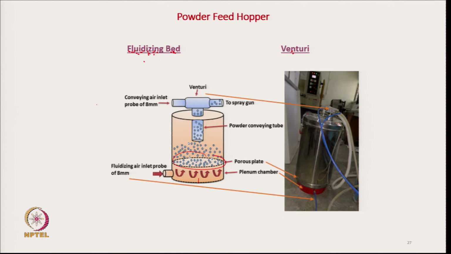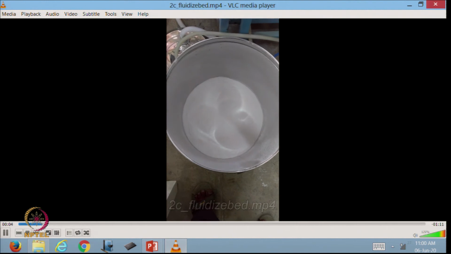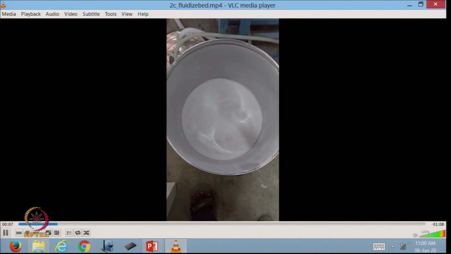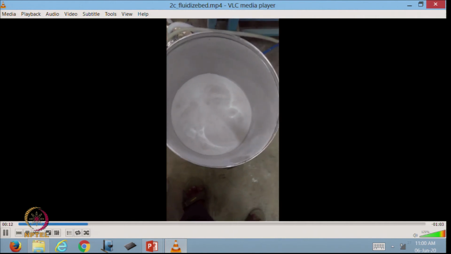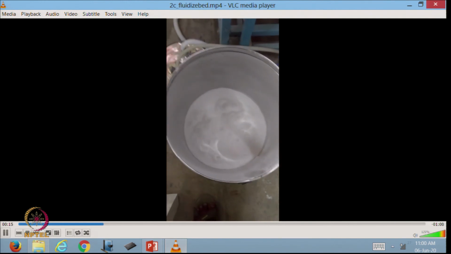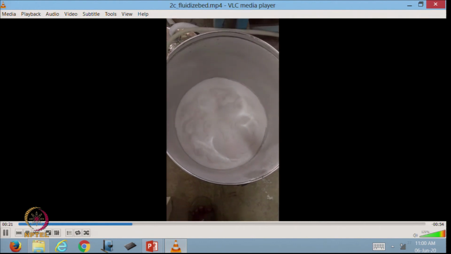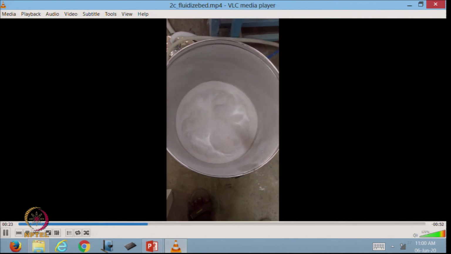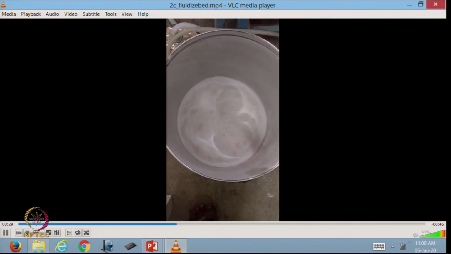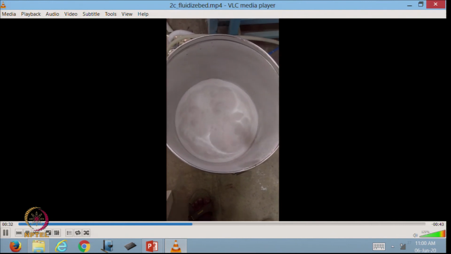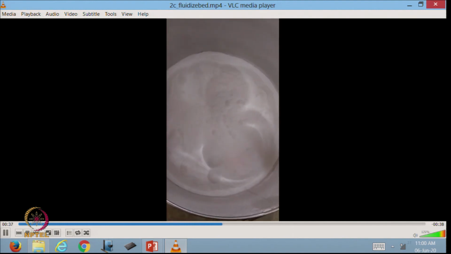So, let us see the running of the fluidizing bed. Here the powder is kept. Now, the compressed air is coming from the bottom, and we can see very clearly the powder acting like a fluid, like any fluid which is boiling, and gradually the powder will start escaping and form a cloud.